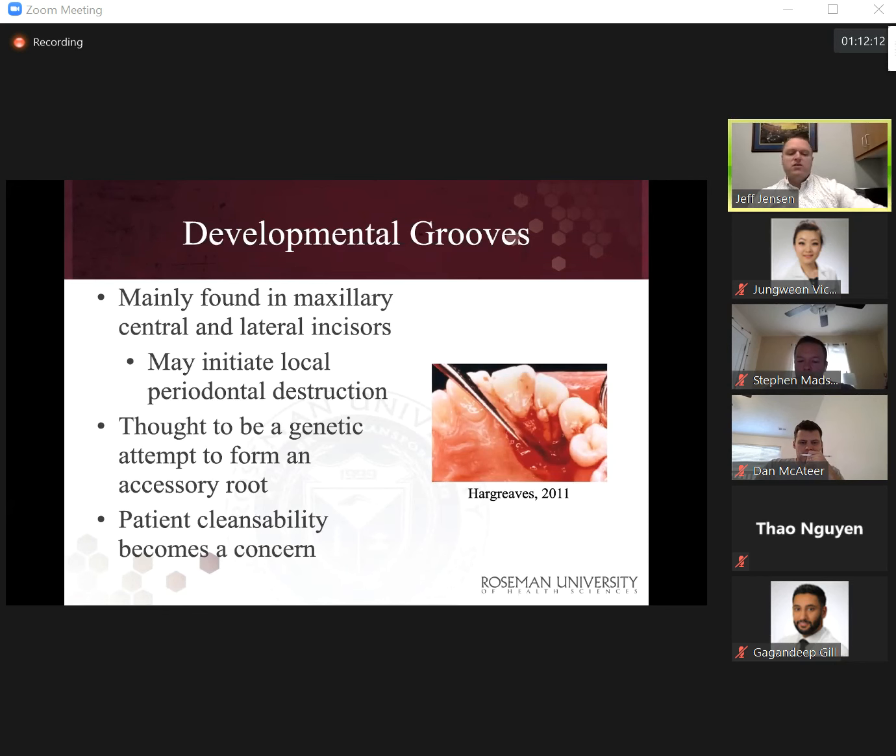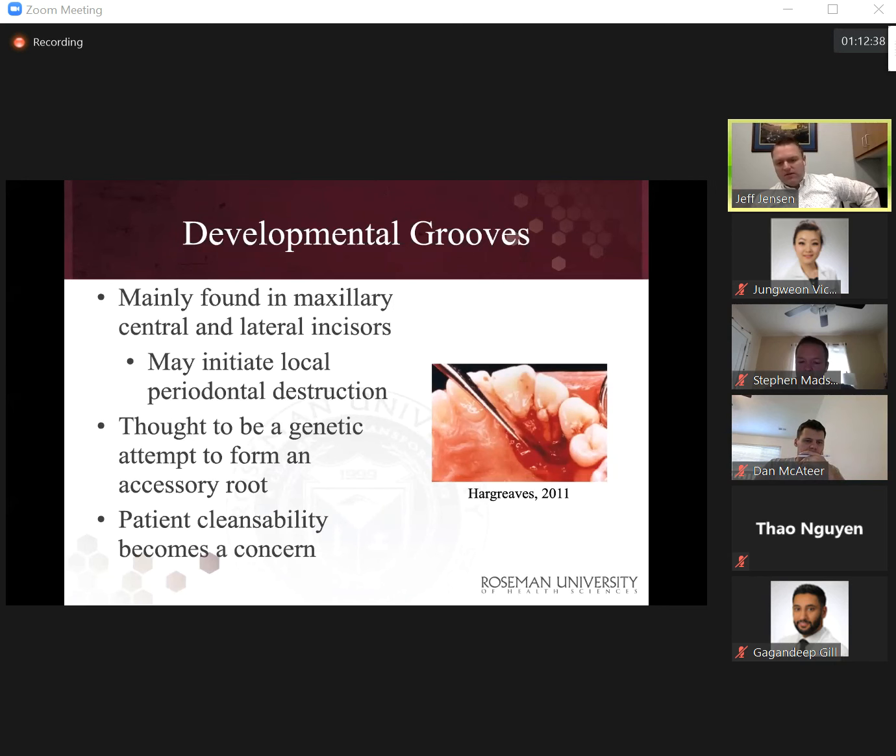So it can be difficult to get attachment to composite. It's possible, but it's difficult. But something with a glass ionomer or Geristore, there's a little bit better evidence for that. And some people have tried that to varying degrees of success. So that's an option. That's a good point. These are just hard to treat.